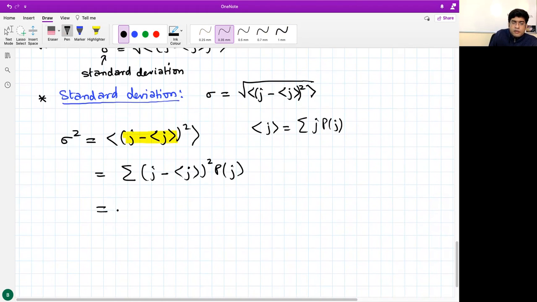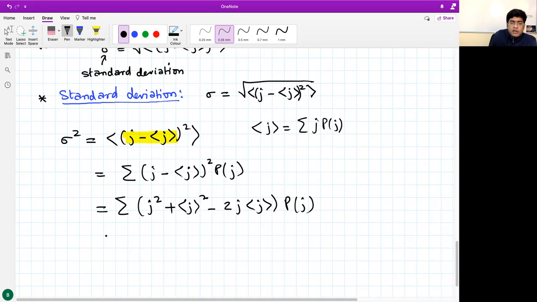Now, in this case, let's square this: j square plus j mean square minus 2 j j mean, and then we have pj. If we take the summation and pj inside, what do we get?